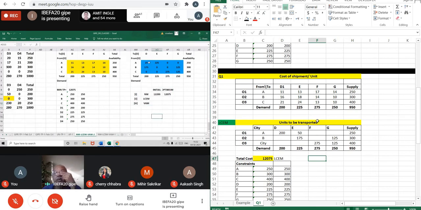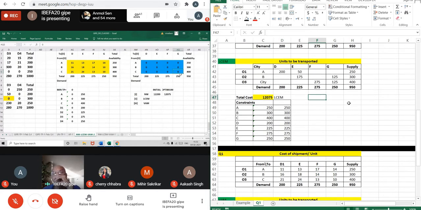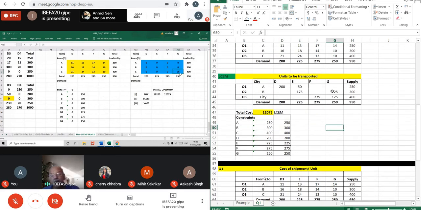Now let us go to least cost entry method. Among the costs, 10 is the minimum. I will prefer the last 10, C to G. Allocation is made.